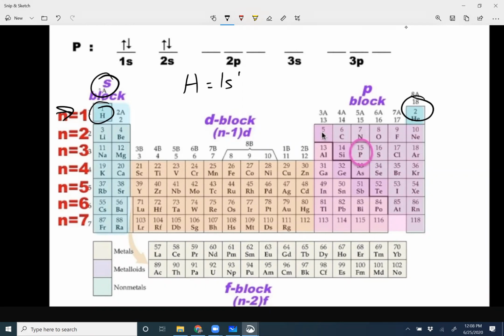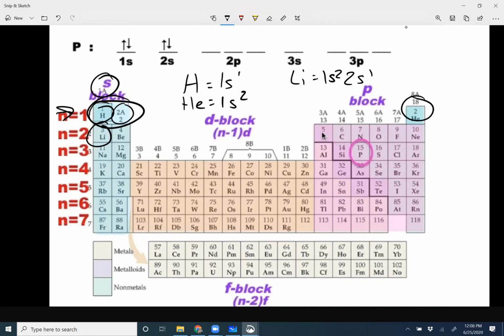It looks like it's in the P block, but they colored it to show you it's actually right there. So that gives us helium as 1s2 because we're in the first row in the S block in the second position. If you remember, lithium was 1s2, 2s1. Well, you'll notice that we had to go 1s2, and now we do 2s1, just like that.